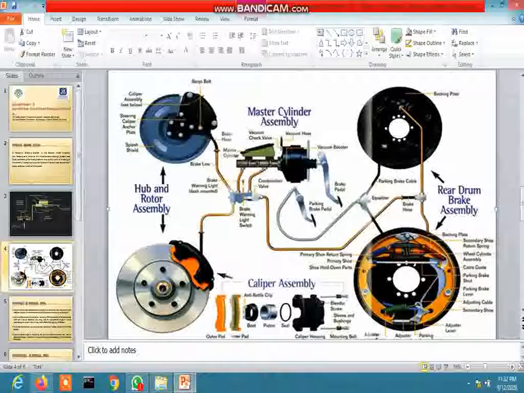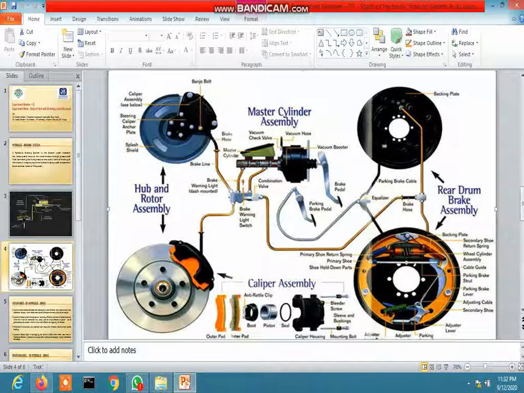On the disc brake section, the fluid of the master cylinder is forced into a caliper where it presses against the piston. The piston in turn squeezes the brake pad. This is called the brake pad.